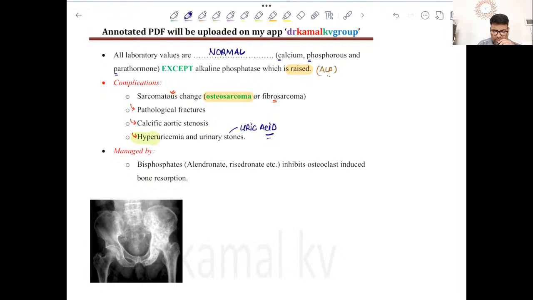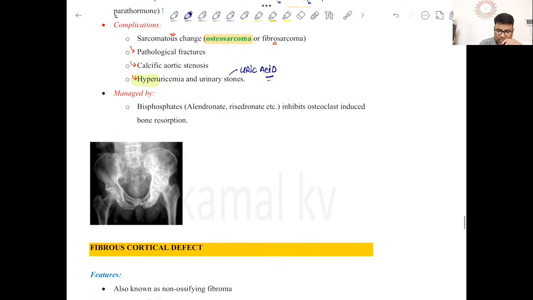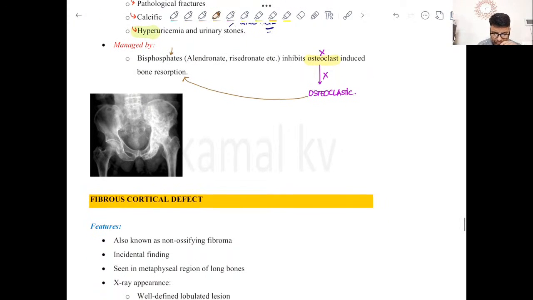Right, so this is Paget's disease or osteitis deformans, and you can use bisphosphonates like alendronate or risedronate, which inhibit osteoclasts, and if these are inhibited, it will inhibit osteoclastic activity, which is nothing except bony resorption, right? So we can use bisphosphonates.